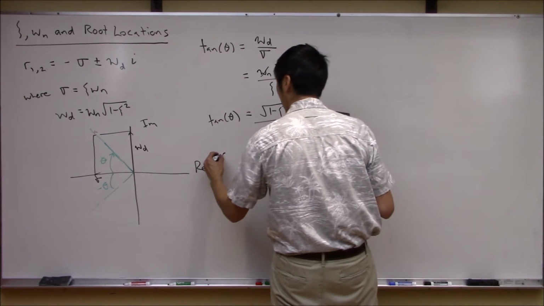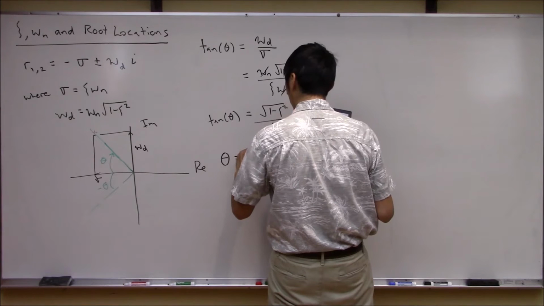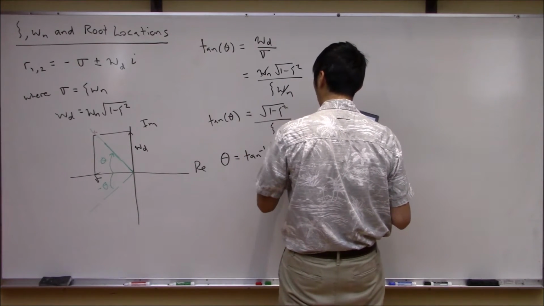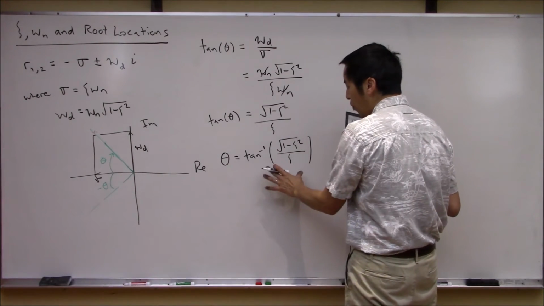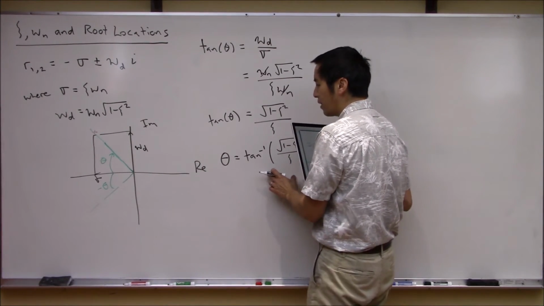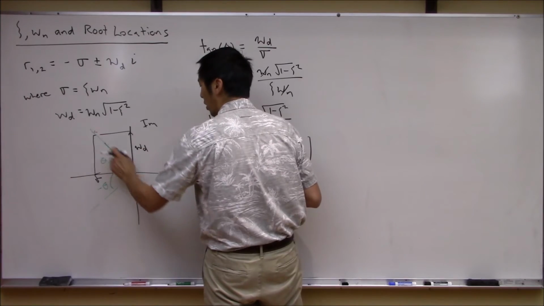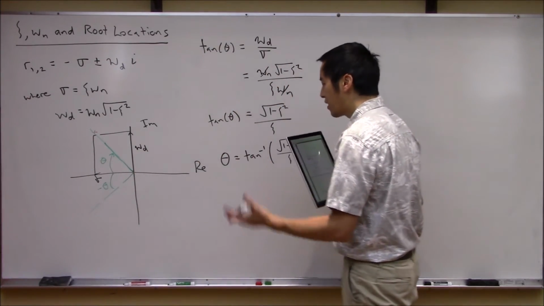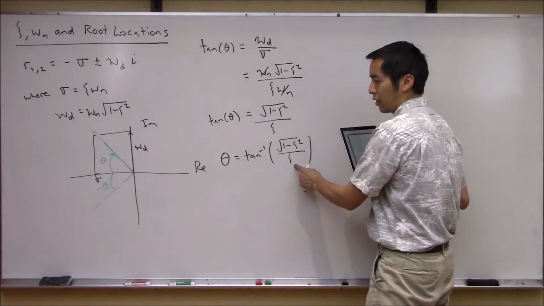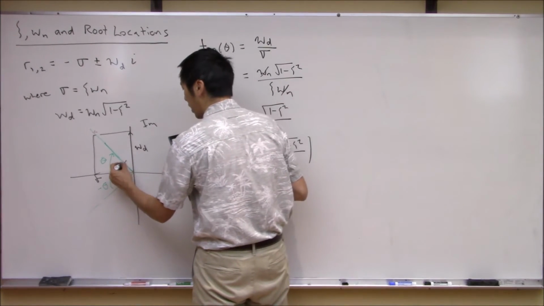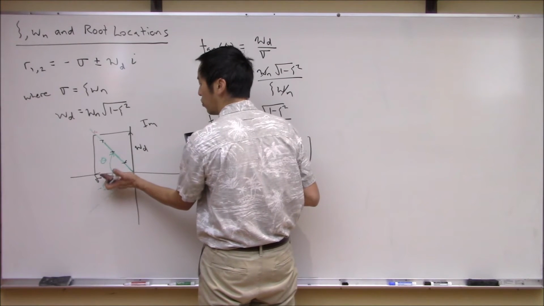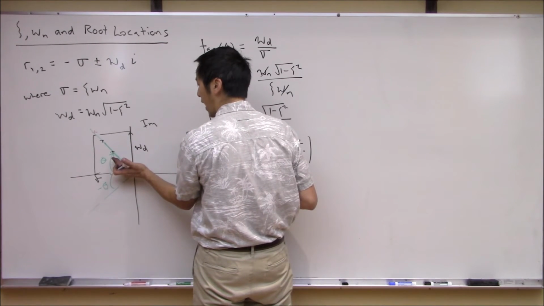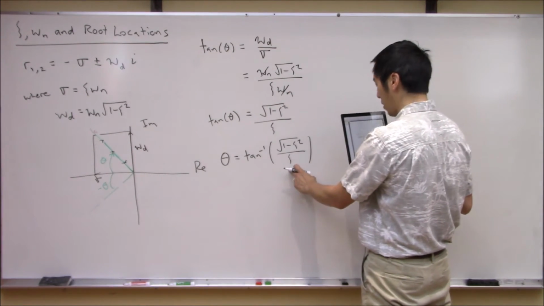In other words, theta is just the inverse tangent of square root of 1 minus zeta squared all over zeta. The other way you could interpret this is that everything along this line has the exact same damping ratio zeta. It doesn't matter if you're here or here or anywhere along these green lines, as long as you make the same angle from the real axis, you're going to have the exact same damping ratio.